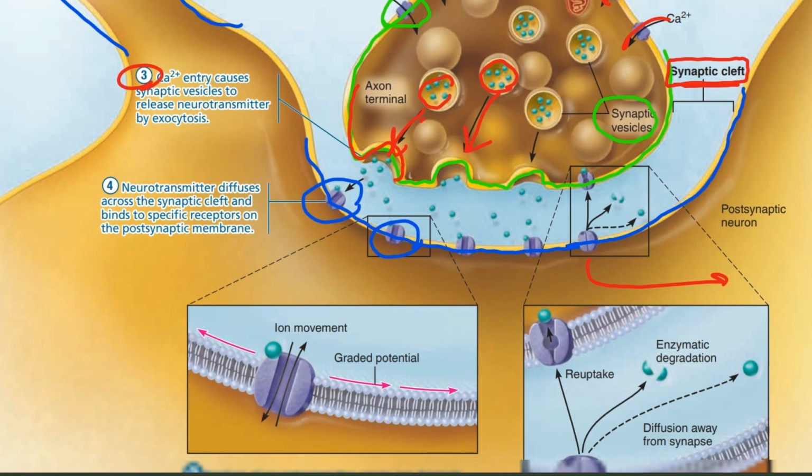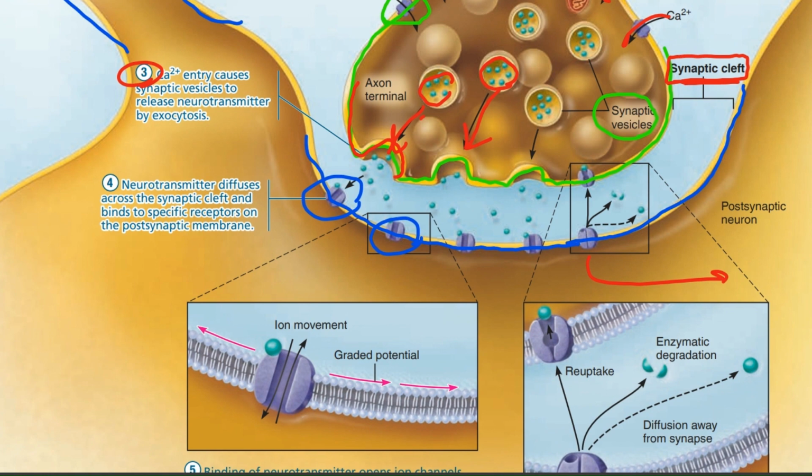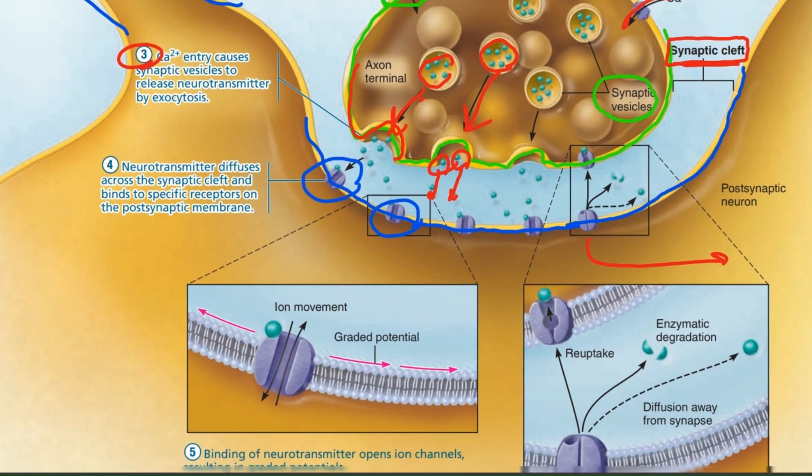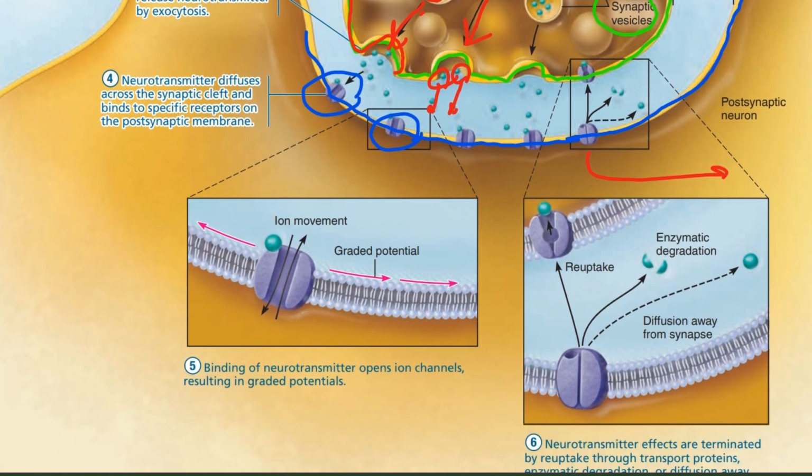Okay. After that, these neurotransmitters will diffuse across the synaptic cleft and bind to specific receptors on the postsynaptic membrane. Okay, let's move to the other picture. This one. This is a chemical gated channel, and this is a receptor on the chemical gated channel.